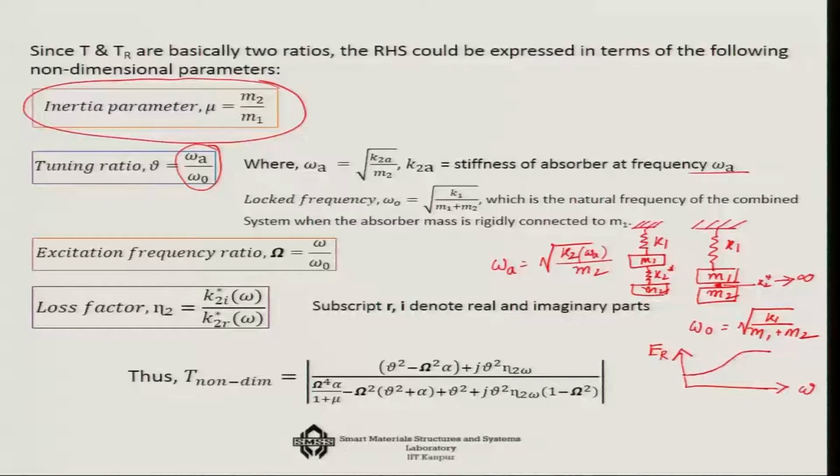That means the modulus of elasticity will be low initially and then it will increase. So, your modulus of elasticity is a function of the frequency we are talking about.